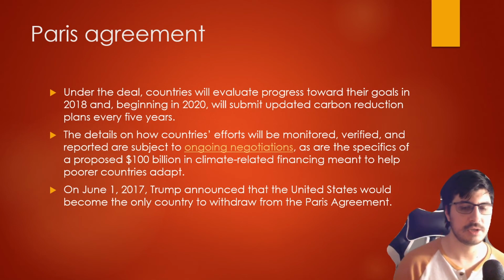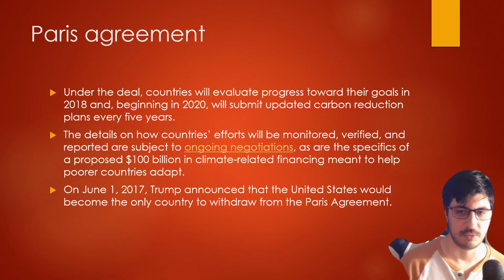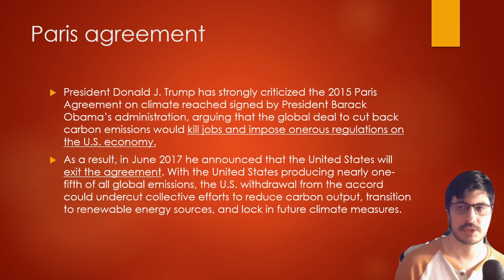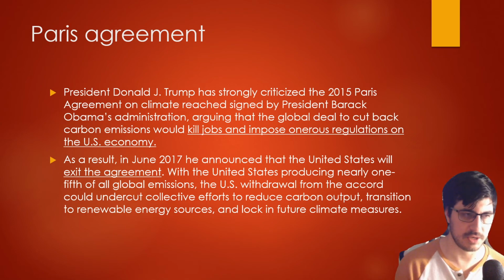And then we had June 1st, 2017, where Donald Trump announced that the United States would become the only country to withdraw from the Paris Agreement. He was a strong critic of the Paris Agreement when he was running for president, and after he became president, up until 2017 when he announced that the United States would exit the agreement.